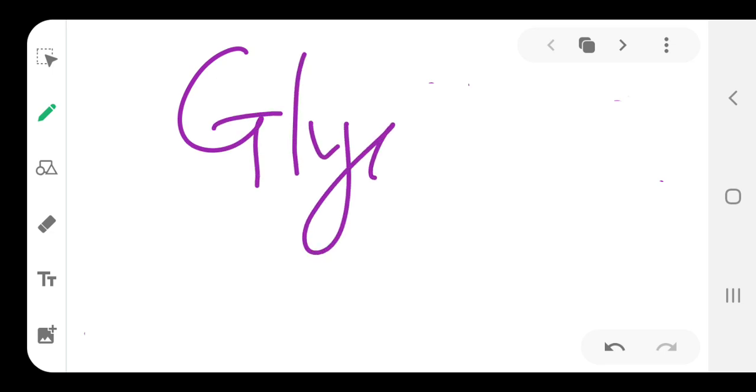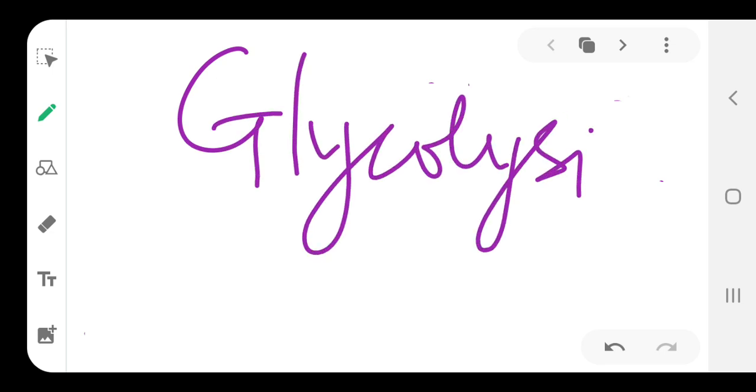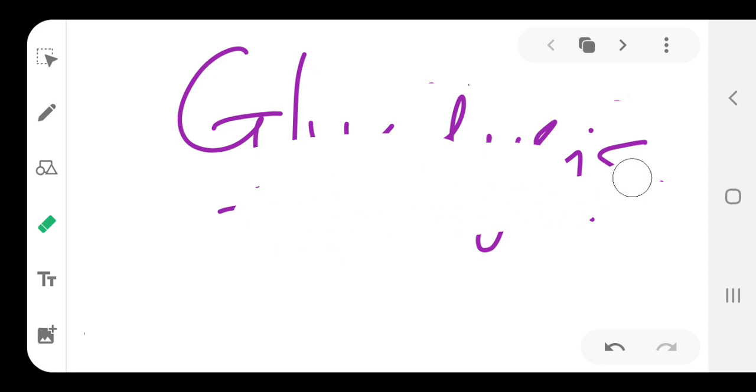Just read the name, glycolysis. Lysis means to break glucose. So in order to break glucose, we use this process glycolysis. This process takes place in the cytosol of the cytoplasm.